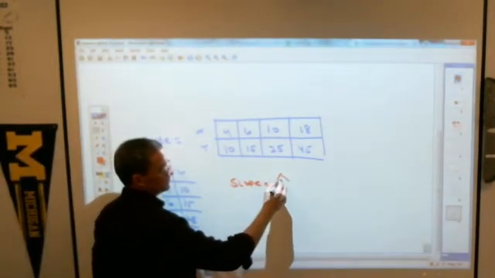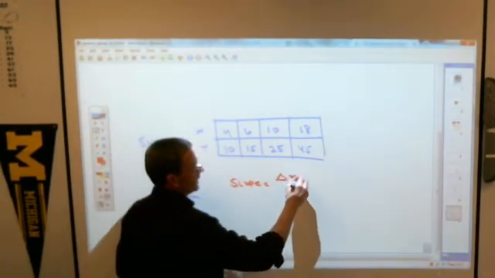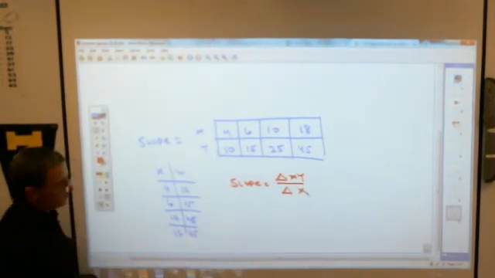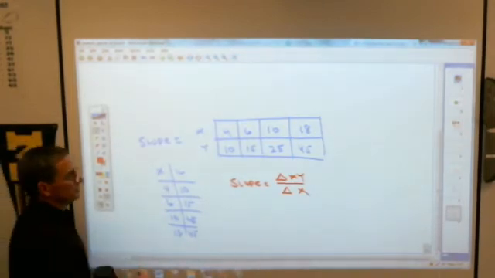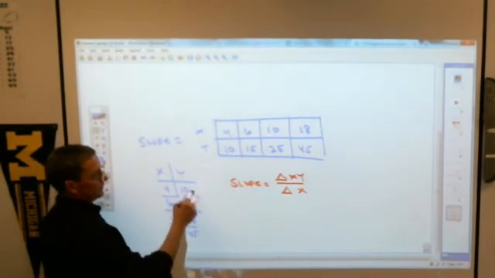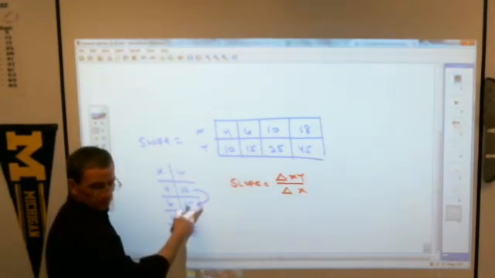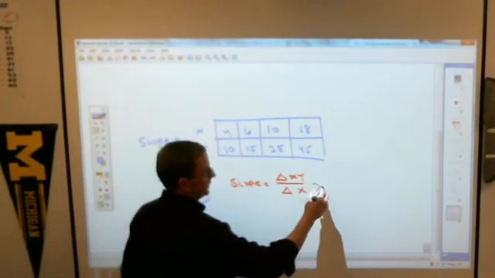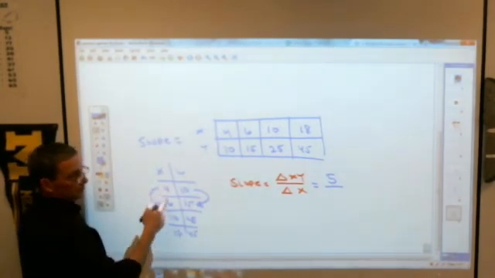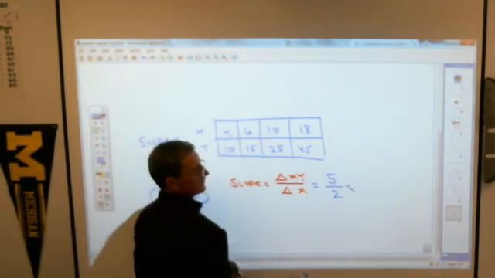Slope is the change in y over the change in x. So you pick a point here, and you look. To go from 10 to 15, y changed how much? 5. Okay, the change in y was 5, and when the change in x was 4 to 6, the change is 2. So your slope is 5 over 2.